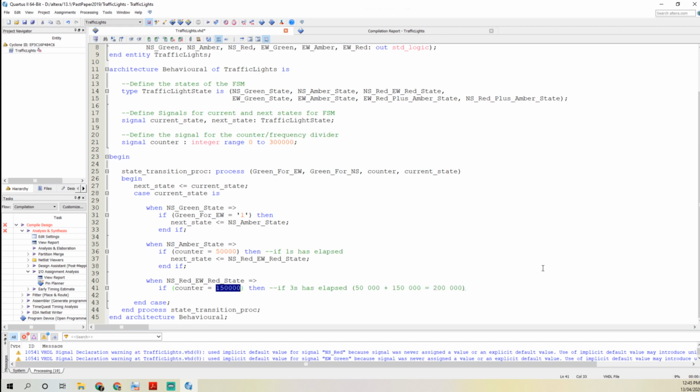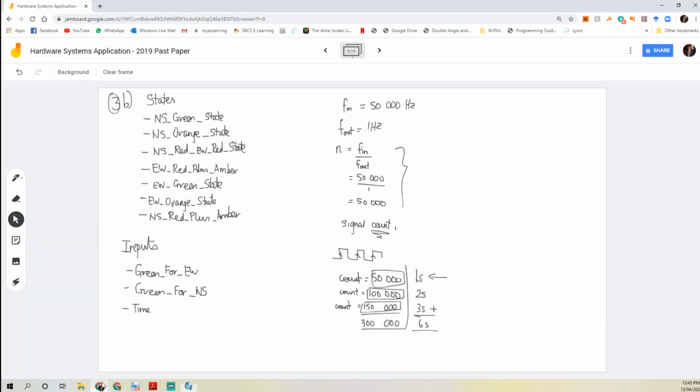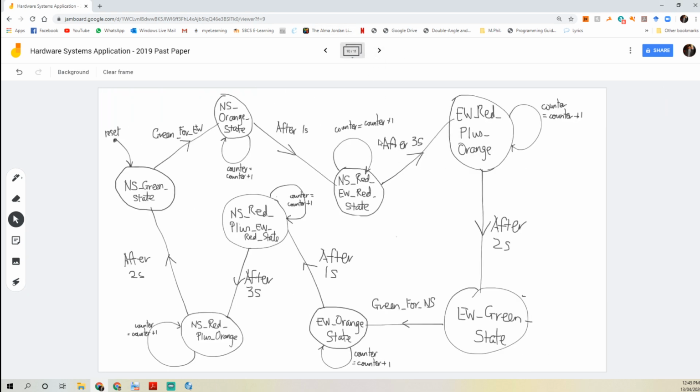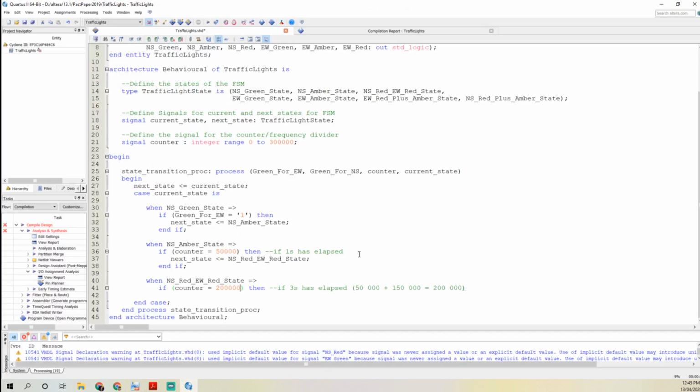In order to determine if 3 seconds has passed after the previous 1 second has elapsed, I need to monitor to see if my count value is equal to 200,000. Okay, and that is when we'll know if 3 seconds, in addition to this 1 second, has passed, then my next state is going to be my east-west red plus orange, or east-west red plus amber. Okay, so if counter is equal to 200,000, then my next state is going to be equal to east-west red plus amber.